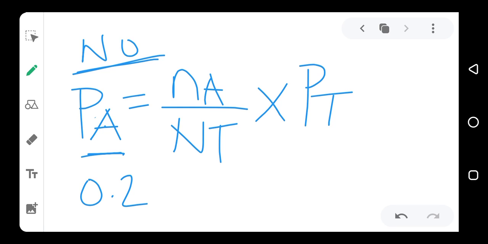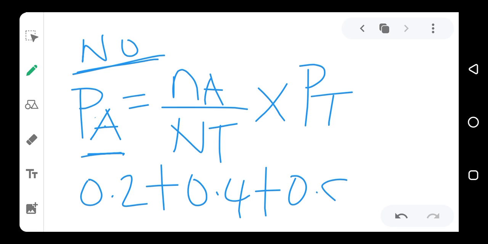Our Nt is the total number of moles, which means that we have to add all the moles given to us to get Nt. So we have 0.2, which is the first gas, plus 0.4 for the second gas, plus 0.8 the third gas. So everything is going to give us 1.4.